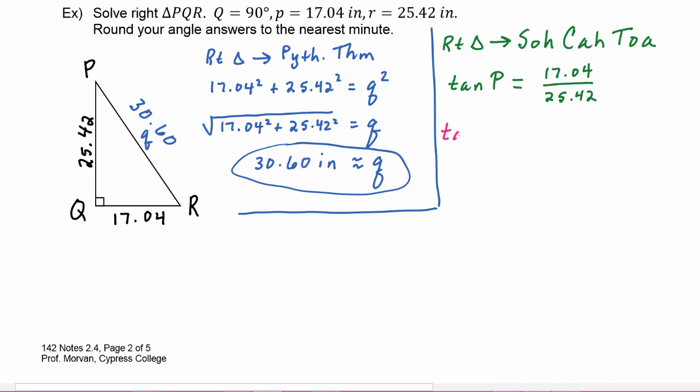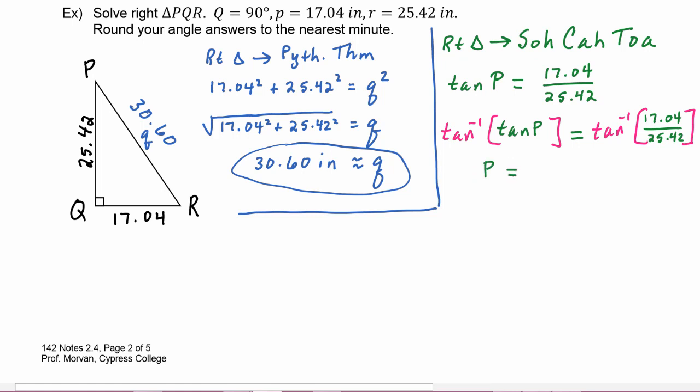So we'll take the tangent inverse of the tangent of P on the left-hand side, and that means we have to take the tangent inverse of 17.04 divided by 25.42 on the right-hand side. Tangent inverse of the tangent of P becomes P.